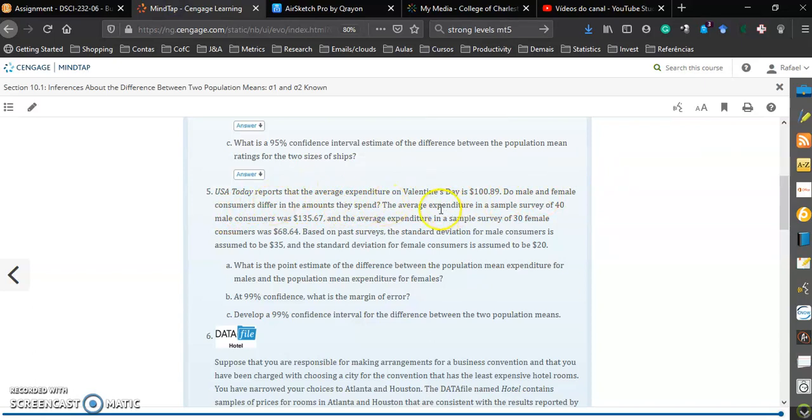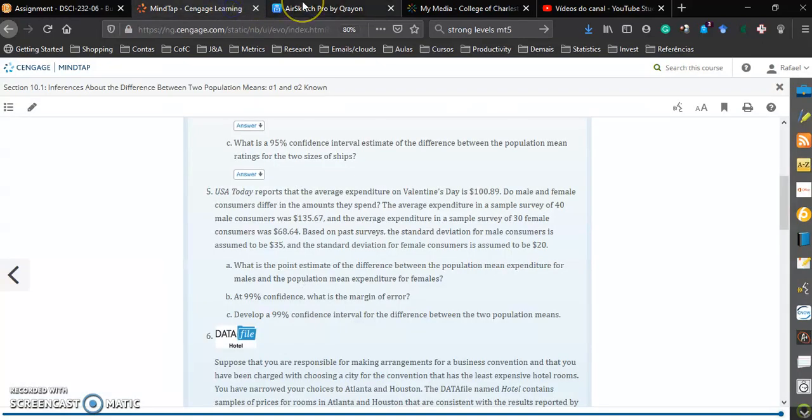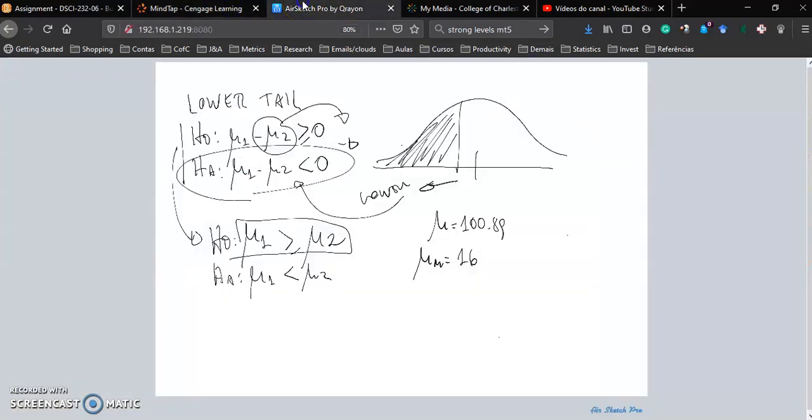So we have two populations. The average expenditure in a survey of 40 male consumers was 135.67. So the mean for males is 135.67. Let's call it mu1, instead of male.